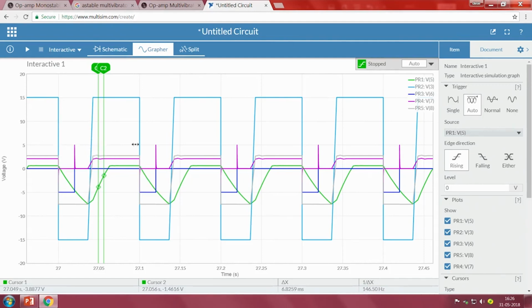This is because the capacitor discharge rate is different compared to the previous resistance value. The discharge rate is smaller in this case because of the higher resistance value. It makes the output stay at minus VCC for a longer duration. That duration you can calculate based upon your RC discharge time.